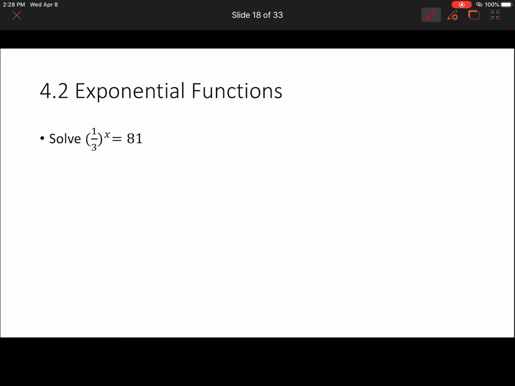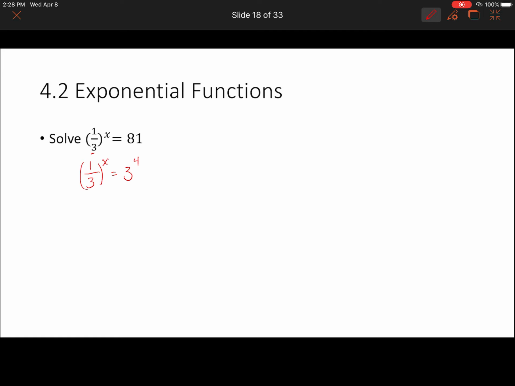Now, what about this one? Sort of similar. But, again, we need this 3 to be the base. Well, we hopefully know that 81 is 3 to the 4th power. So if you rewrite this as 1/3 to the x power equals 3 to the 4th power, well, now we're getting close.